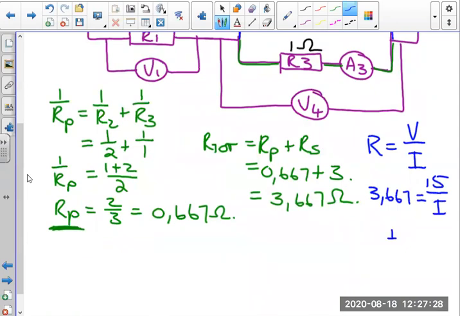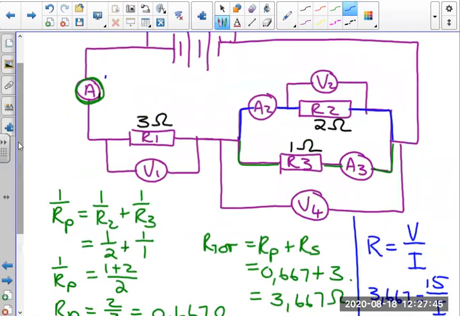So the current is equal to 15 divided by 3.667. The answer that we get is 4.09 amps. That's the ammeter reading for the total. So let's fill it in there, 4.09 amps.